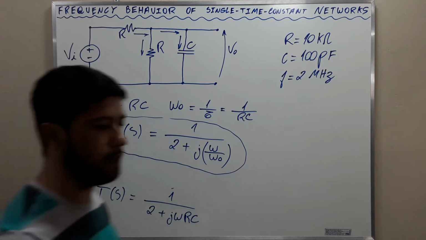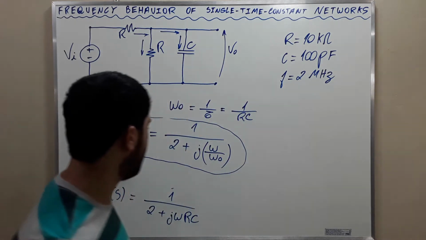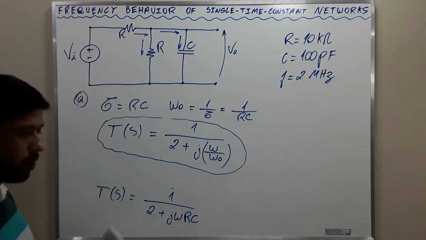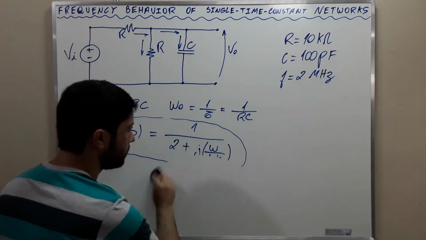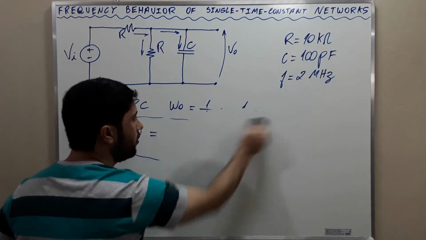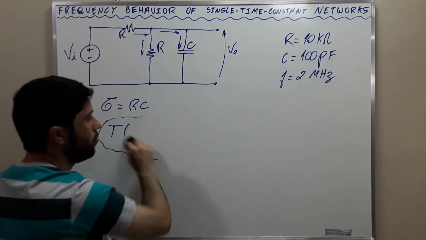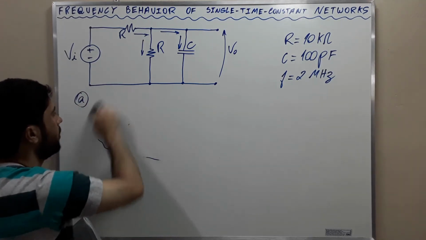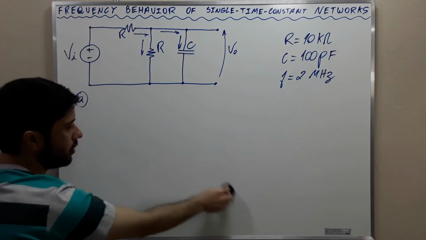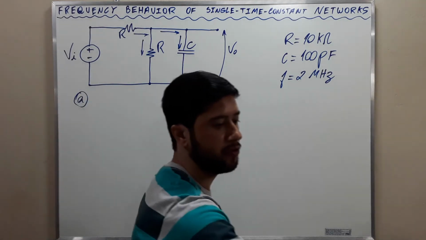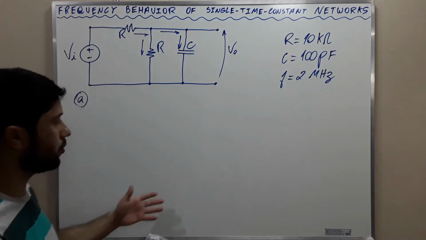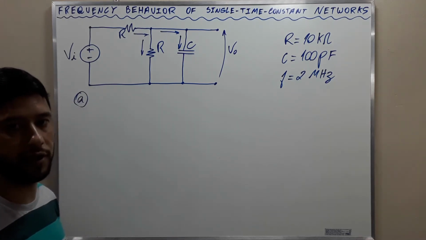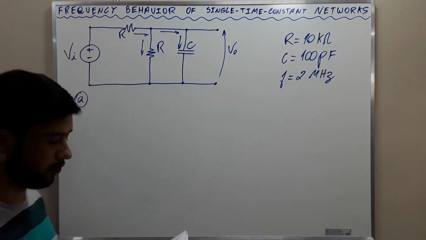In letter B, the exercise wants us to calculate the corner frequency. What is the corner frequency, you may ask me? It is the frequency that the circuit starts attenuating the signal. The circuit is going to start attenuating the signal at the corner frequency.